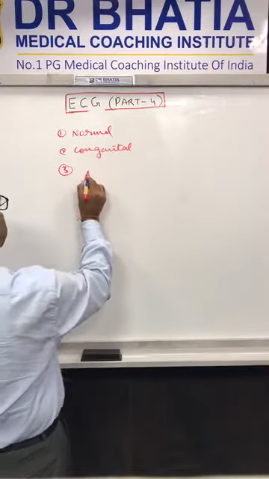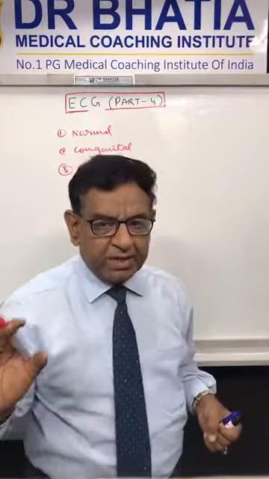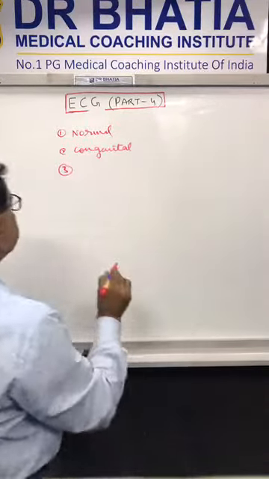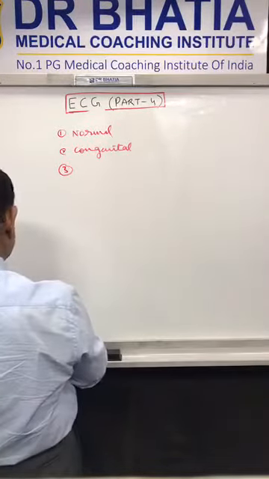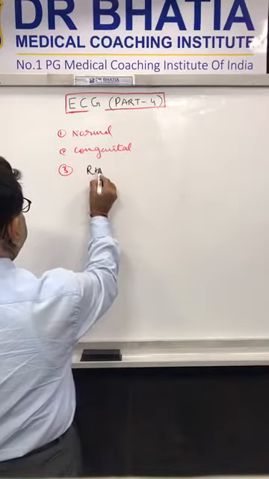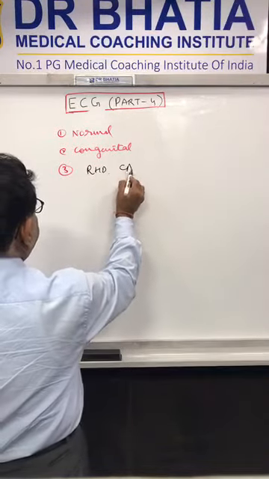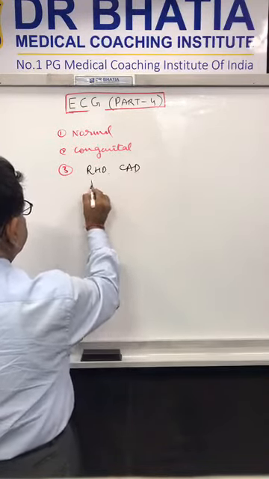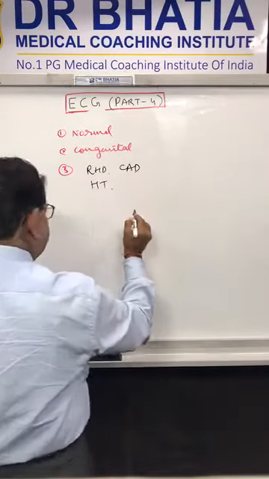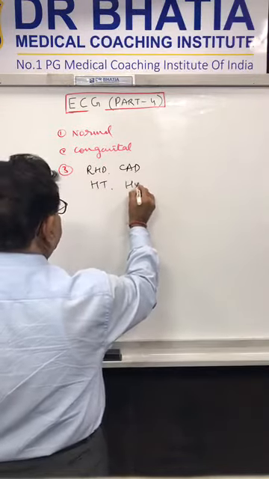Otherwise, the four major causes of AF are rheumatic heart disease, coronary artery disease, hypertension, and hyperthyroid.